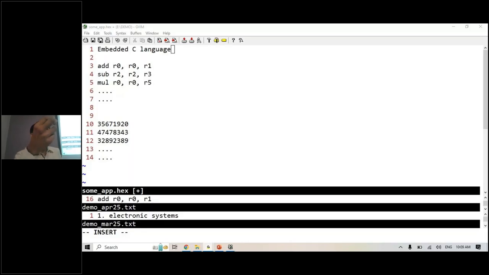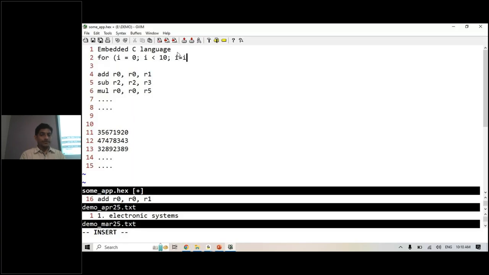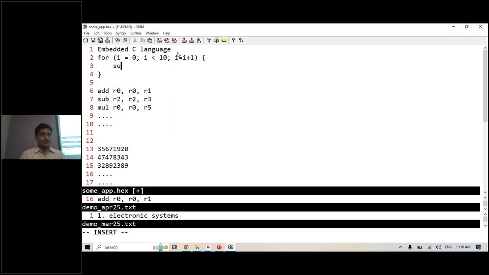ARM compiler, x86 compiler, specific to the processor you are using, there will be compilers. When you use that compiler, let's say I wrote this code: for I equal to 0, I less than 10, I equal to I plus 1, sum equal to sum plus I. What do you think I'm doing here?